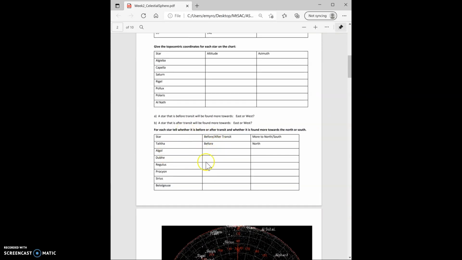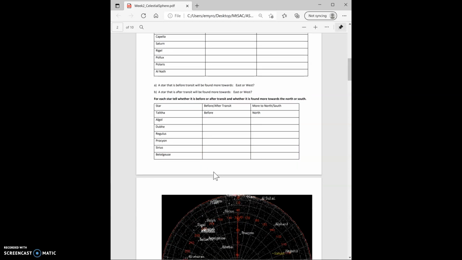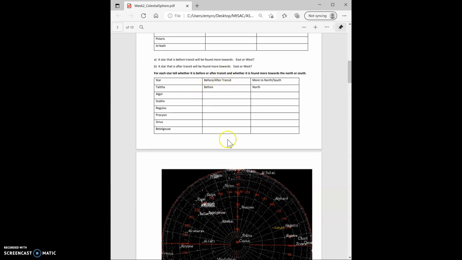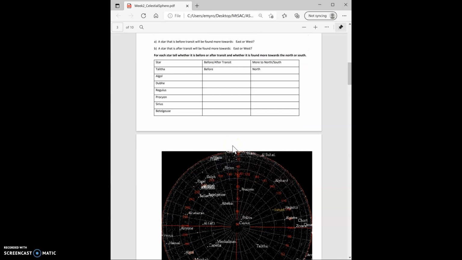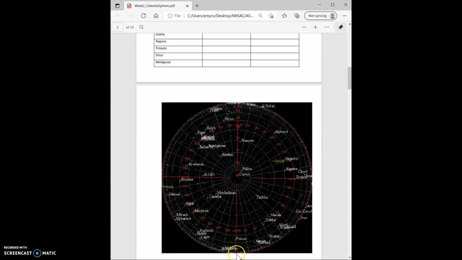And then we work on the last table, on the concept of transit. So transit is also your meridian. When your star is transiting, it is found on the meridian, it is found on the north-south line. So imagine as you're standing outside, you look right above your head.